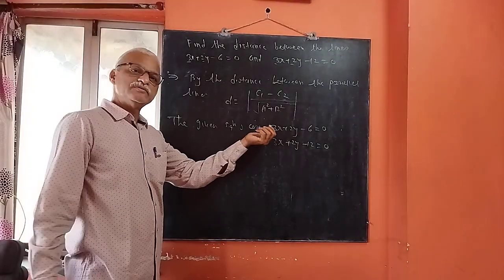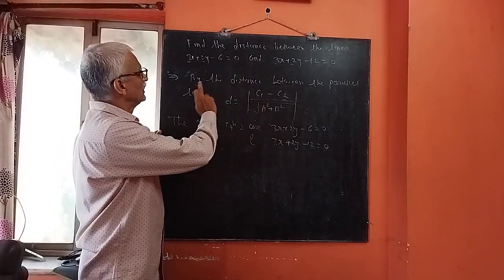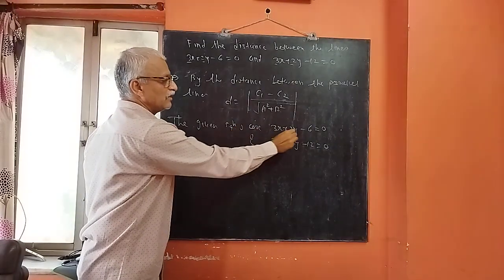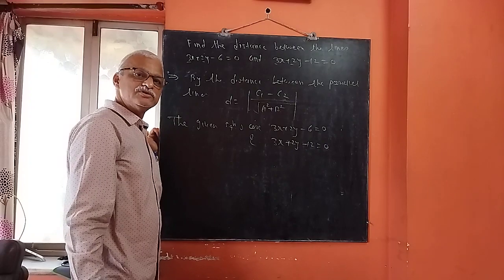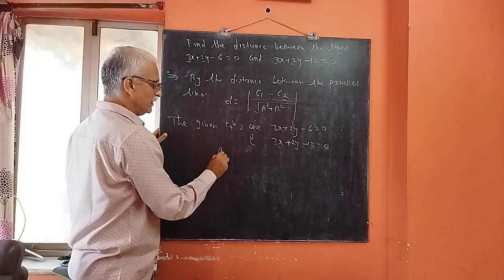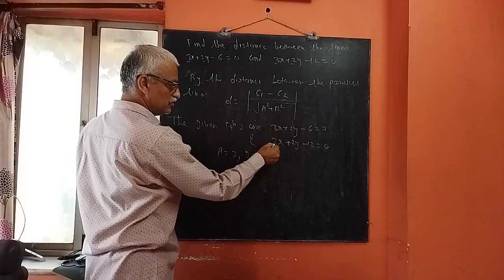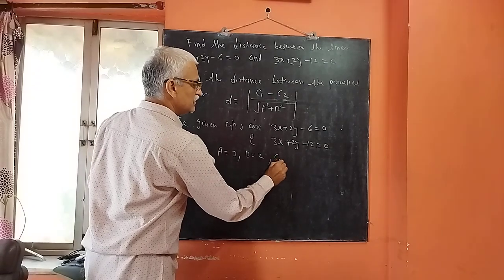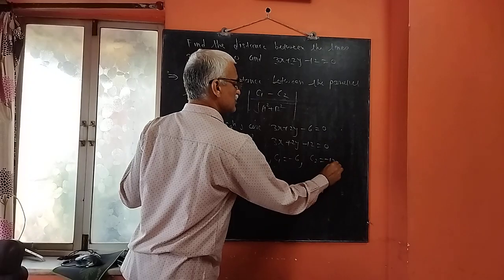If we compare these equations with the standard forms, the general forms are ax plus by plus c1 equals to 0 and ax plus by plus c2 equals to 0. So here we will get a equals to 3, b equals to 2 in both the equations, c1 equals to minus 6 and c2 equals to minus 12.